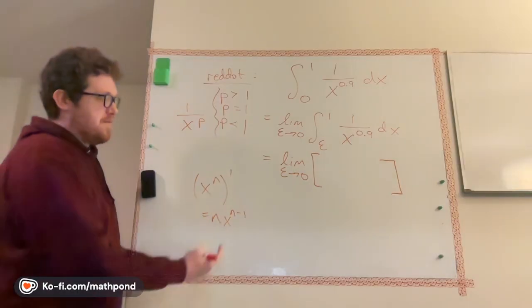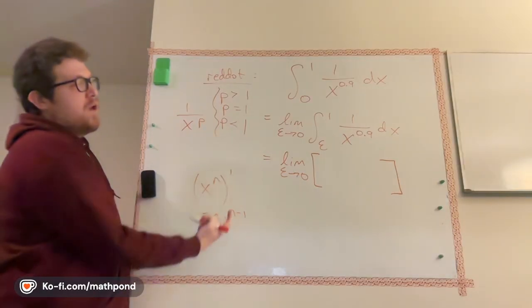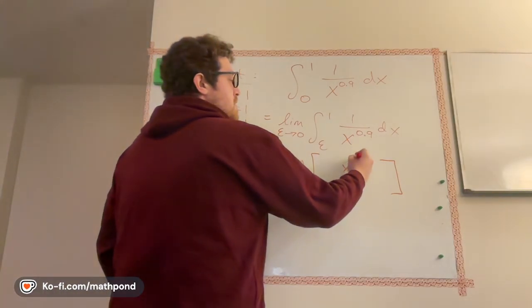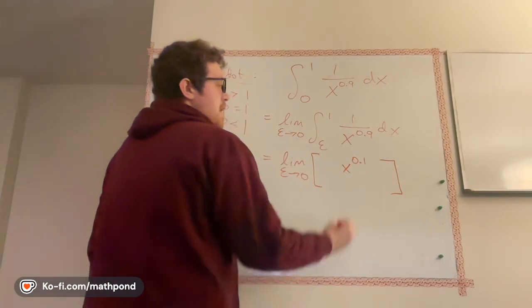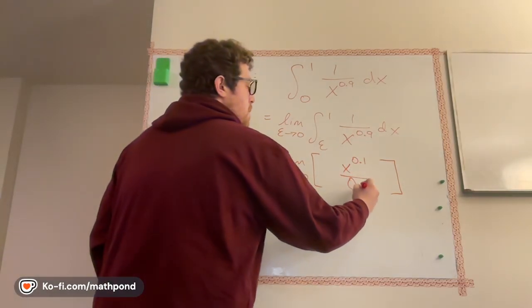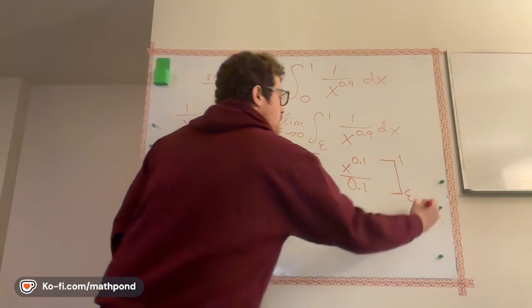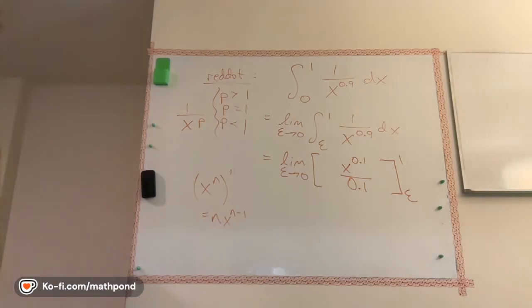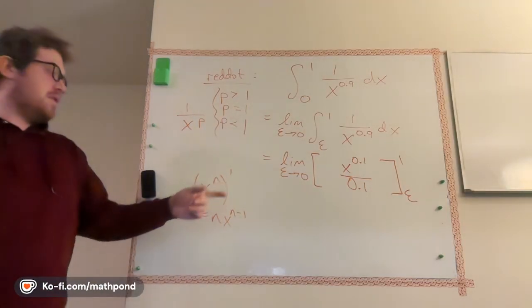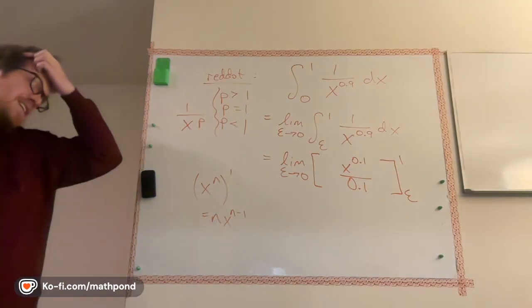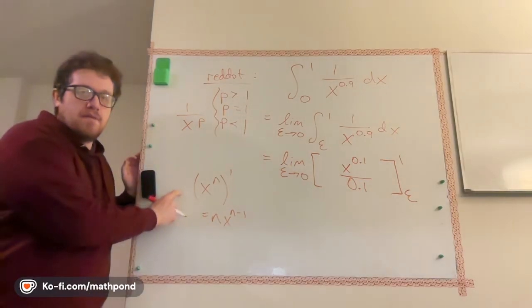So you actually have to raise the power by 1 first. So it becomes x to the 0.1, and then divided by 0.1. So raise the power by 1 first, then divide by the power. It's the opposite way that you would do it for the normal power rule.